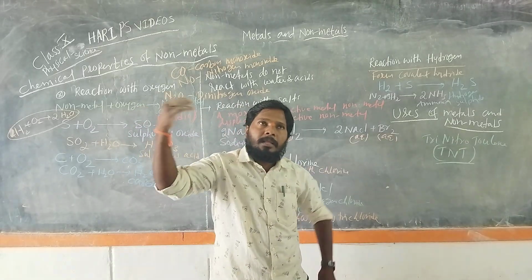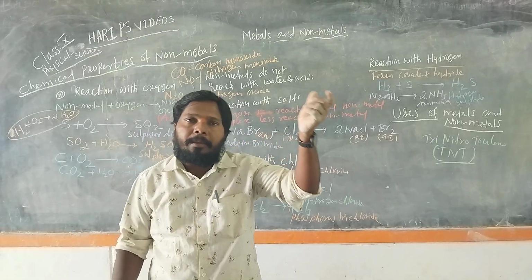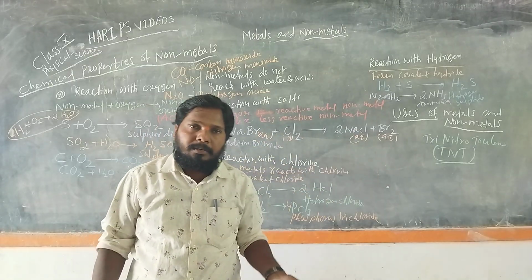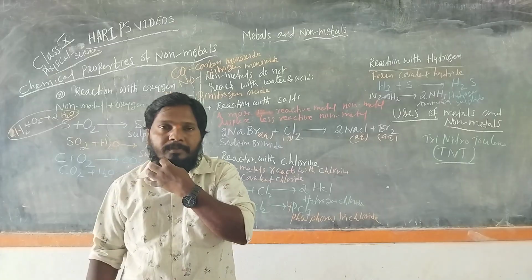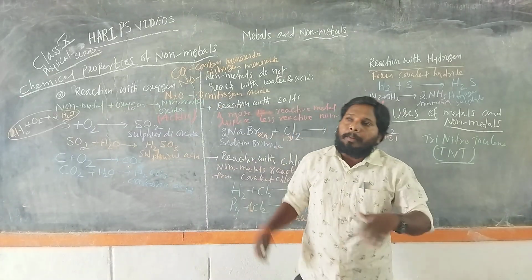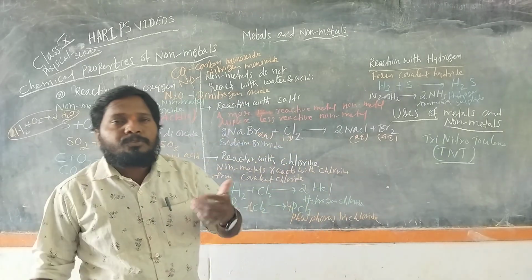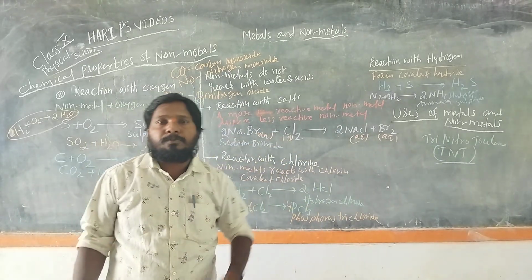Copper is used in metallic wires. Like that, mention the particular name of the metal or non-metal and write its use. That's the better thing, instead of writing metals are used, non-metals are used. The answer is okay, but that answer is not interesting.